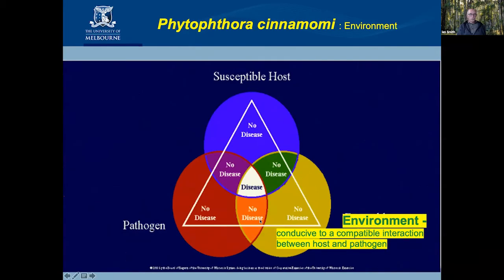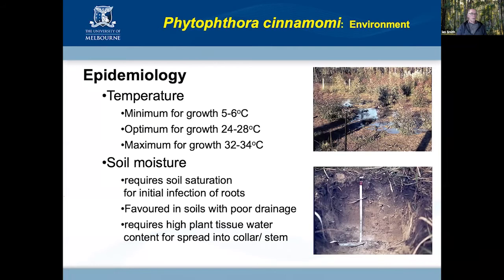We look at the environment. That's what are the environmental parameters that make it conducive to the interaction. And we all know what an epidemiologist is now, I'd imagine. But in terms of epidemiology for this pathogen, we've got temperature conditions here, minimum growth between 5 and 6 degrees.